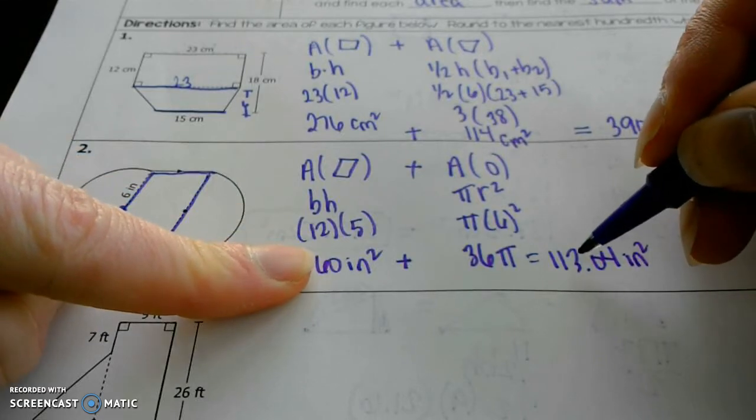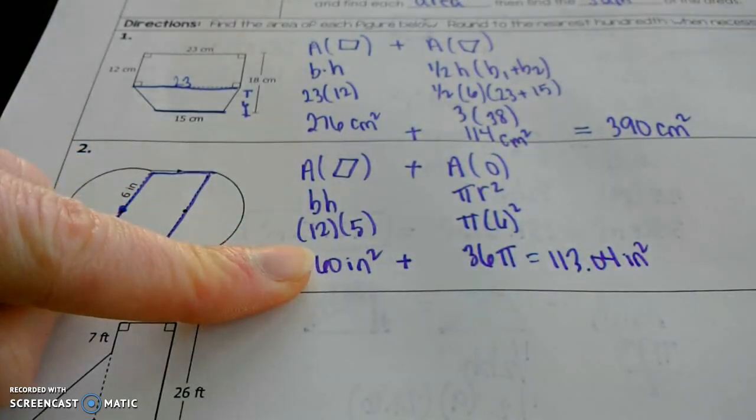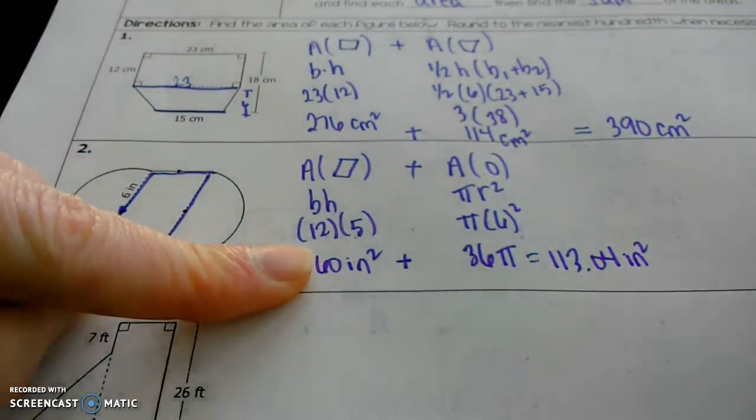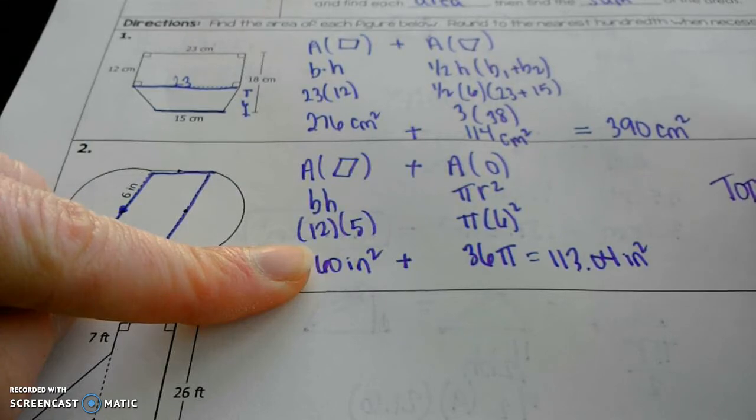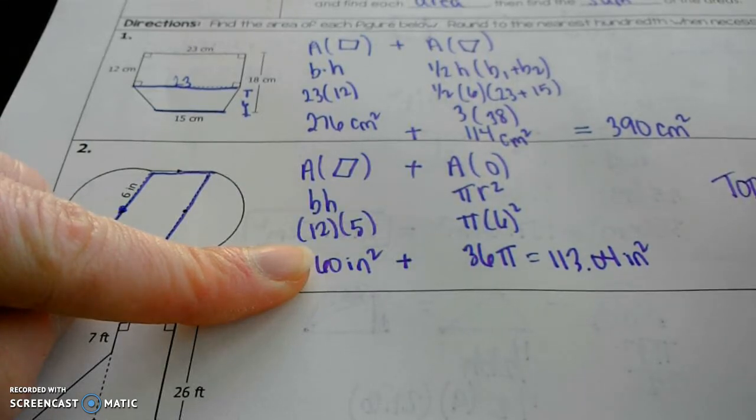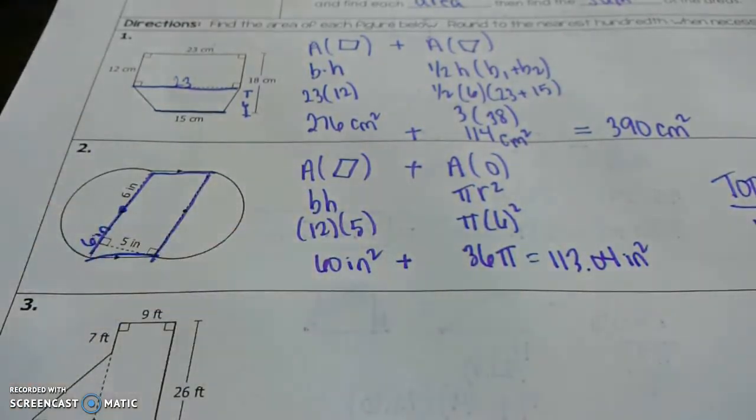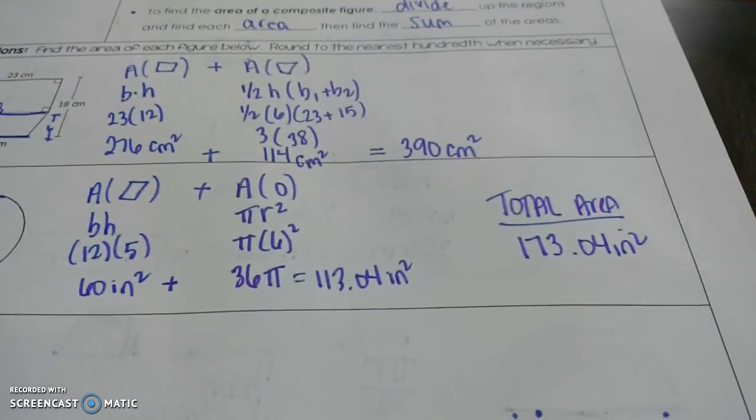Add those two values together to get your total area, which would be 173.04 inches squared. So this is your final answer.